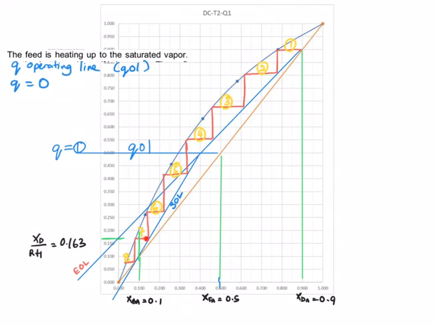Okay, so how to measure this one? Let's look at the total length of step number 7. You just use your ruler and measure the total length of step number 7, and then use your ruler to measure the length of this part only.